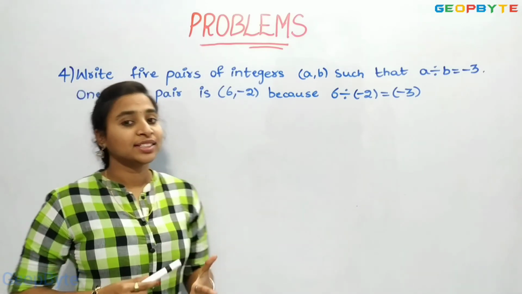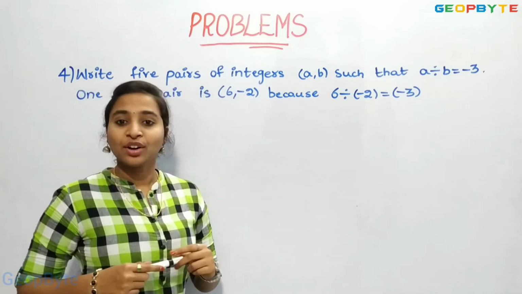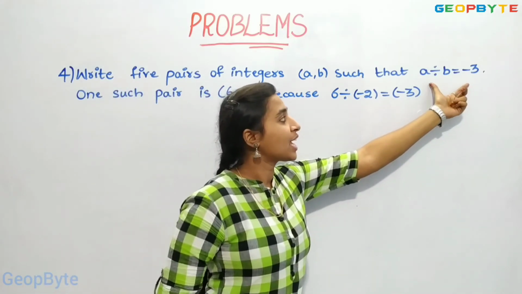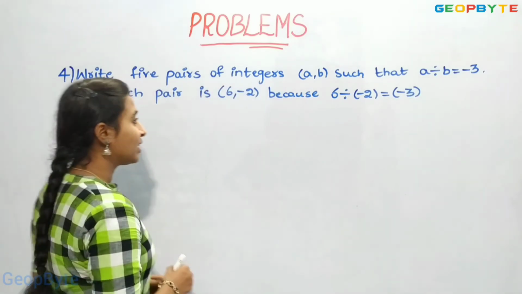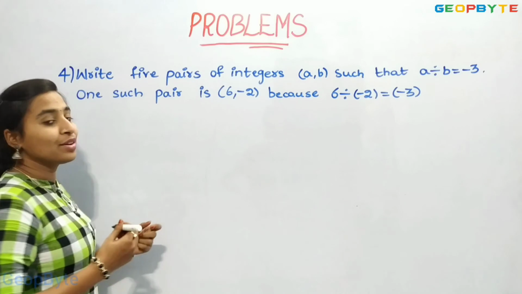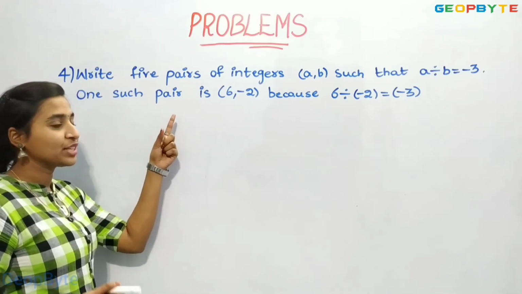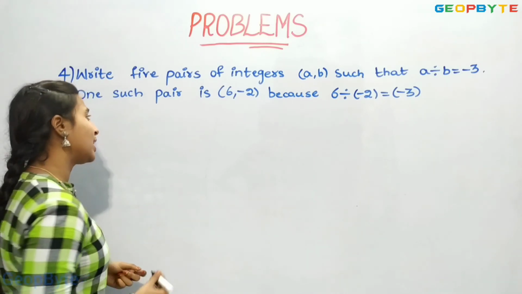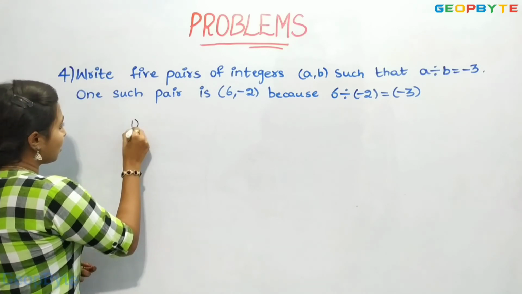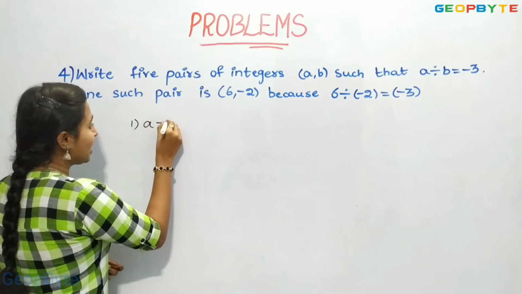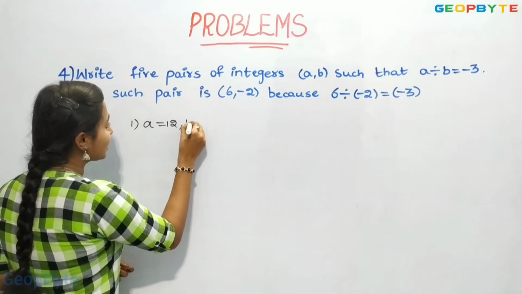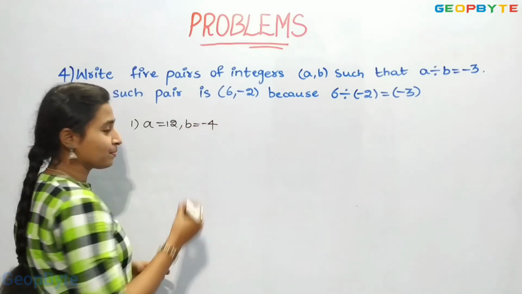See, they asked to find 5 pairs of integers to satisfy this equation. That is, we will find 5 pairs. One example is already given. So, let us take a is equal to 12, b is equal to minus 4.